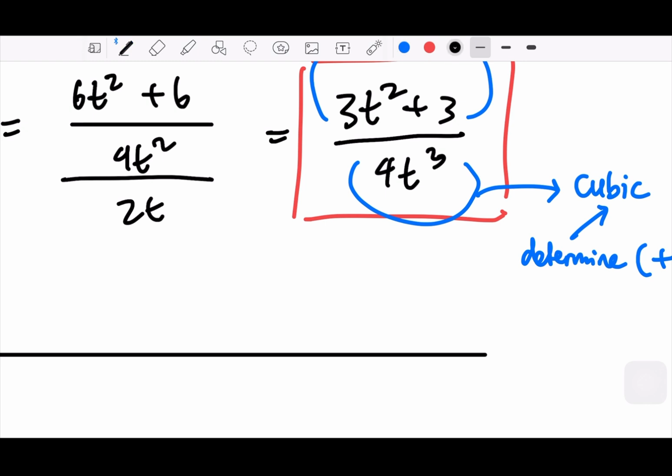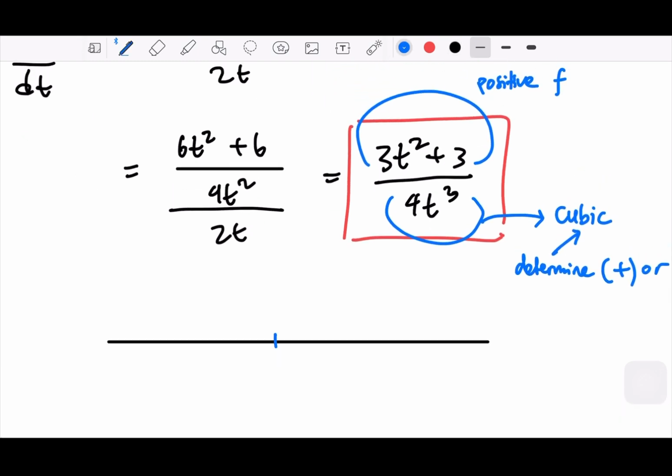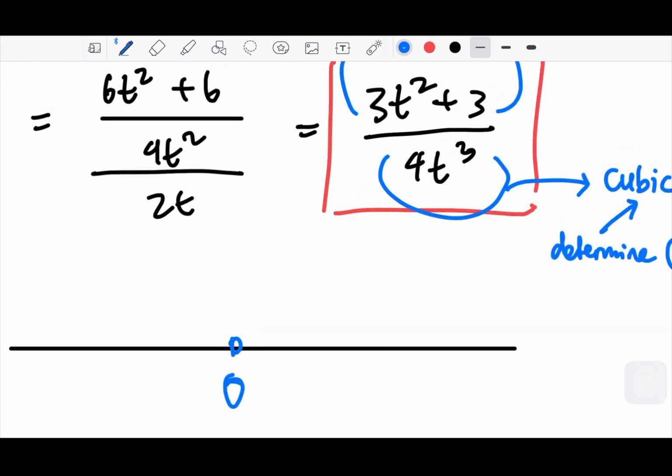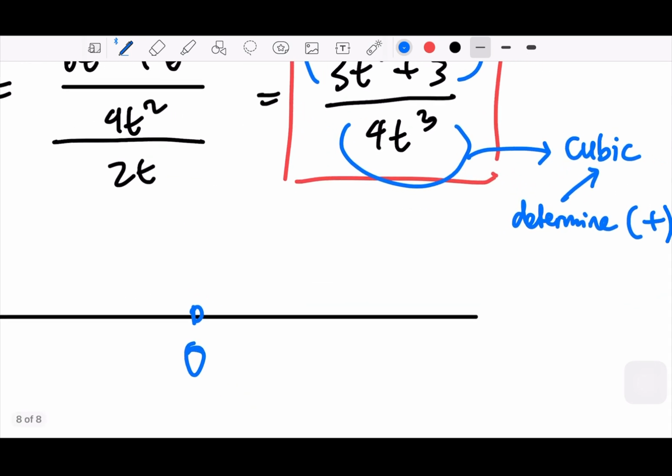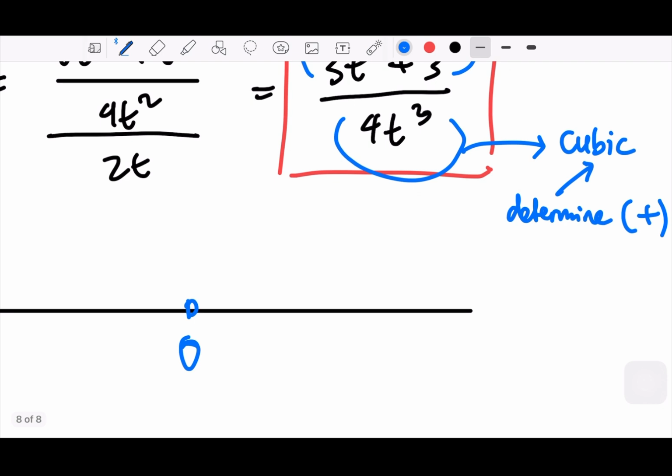So we can directly write down that 0 will be the important number, because when t is positive, it's positive. When t is negative, it will be negative. So we know that this will be positive and negative.